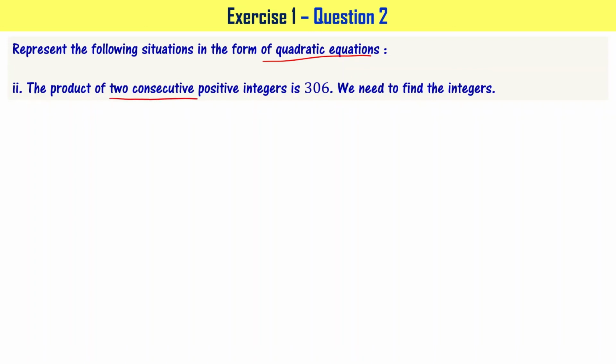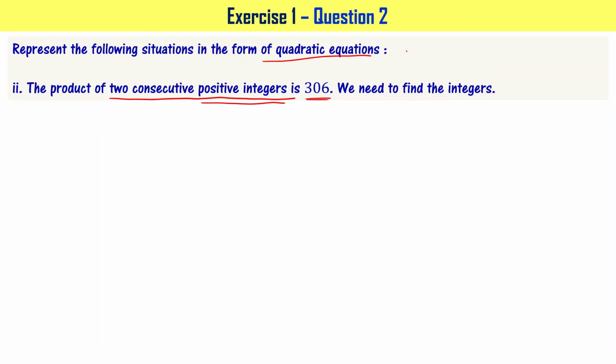Product of two consecutive positive integers is 306. When you note here, the numbers are positive integers, meaning they are greater than 0, right? And they have to be consecutive.